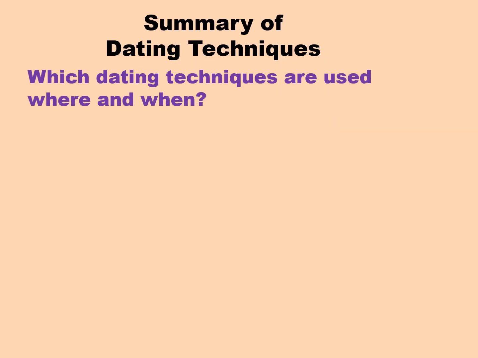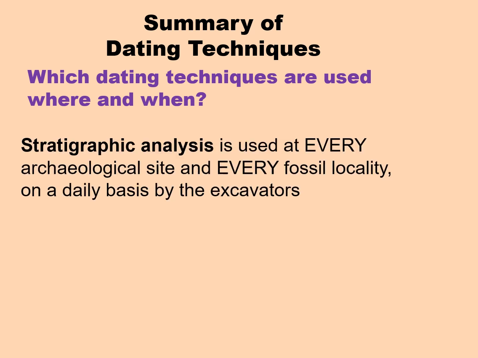So which dating techniques are used where and when? Well, stratigraphic analysis is used at every archaeological site and every fossil locality every day that you're at the site. Archaeologists and paleoanthropologists are always thinking about their stratigraphy.